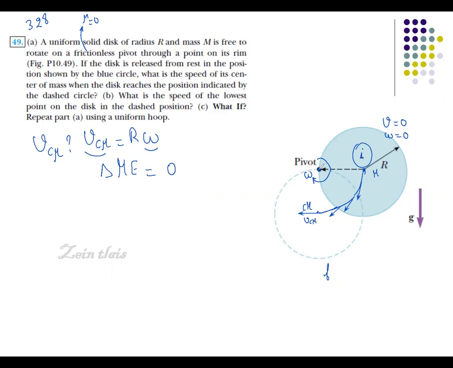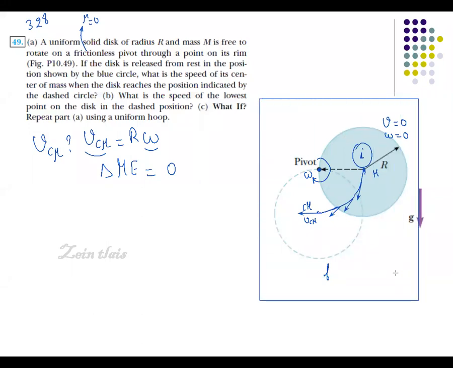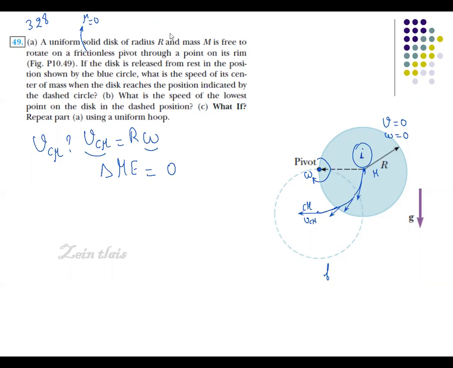In this case, we have conservation of mechanical energy of the whole system. So mechanical energy initial equals mechanical energy final: the kinetic initial plus potential initial equals kinetic final plus potential final.